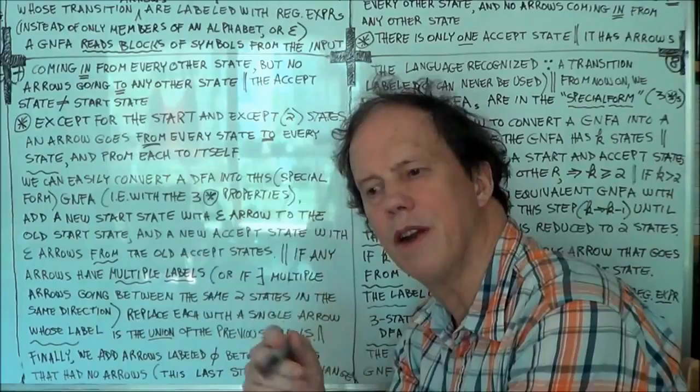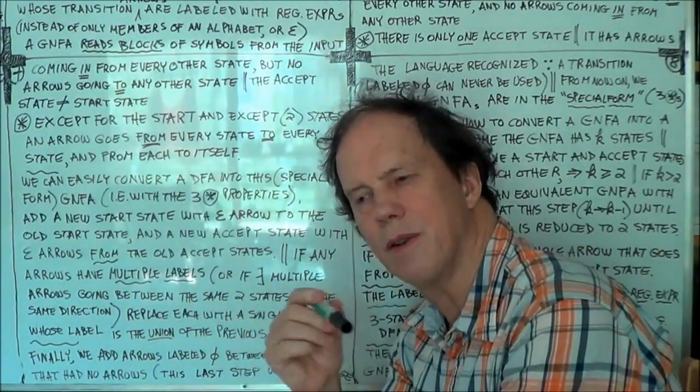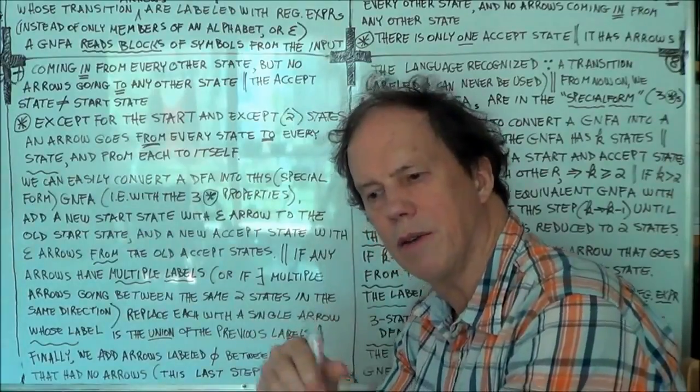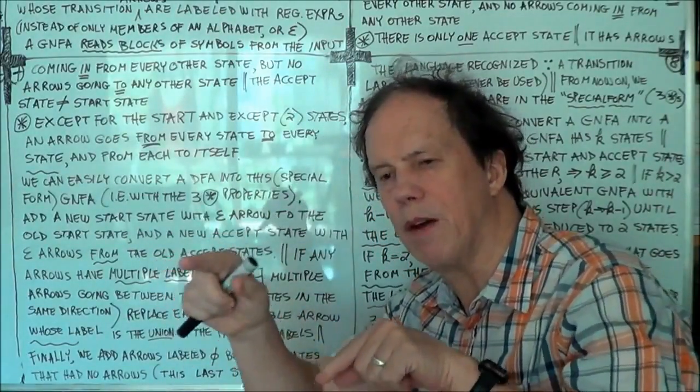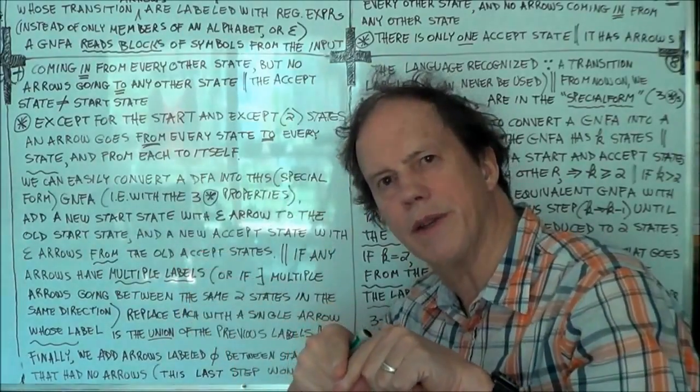Each one sends an arrow to every other one, and every one sends an arrow to all the others. So given any two of those states, there will be an arrow to it and from it.